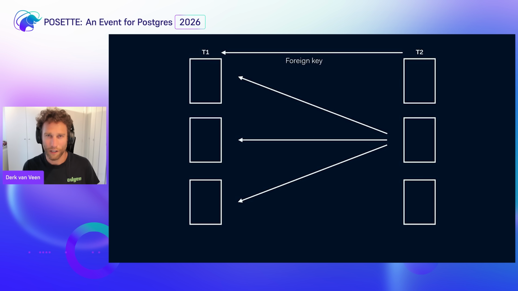Suddenly, I have a lot more foreign key references between these tables. First, I only had a reference between the parents, and now suddenly I also have references between children individually, because I created a foreign key on a table which was not part of the partition table, so I changed the structure. Be aware of all these kinds of unexpected behaviors with indexes, foreign keys, constraints. Just be aware.